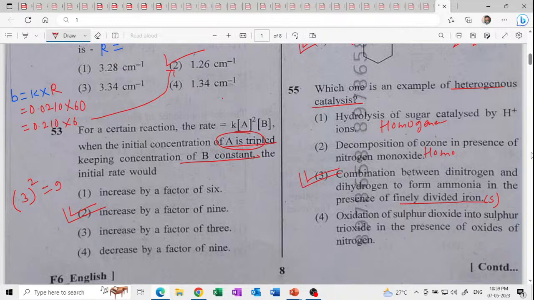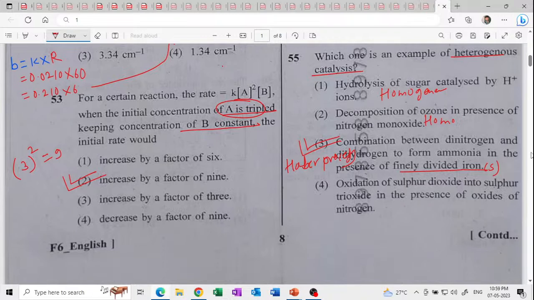So it is the heterogeneous Haber process, a question from adsorption and colloids. Get it? The third option is correct. Oxides of nitrogen, NO, is homogeneous.